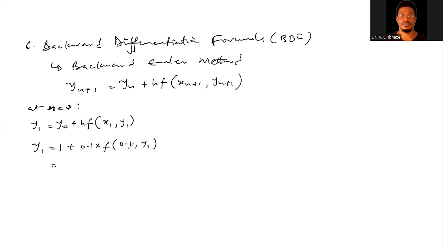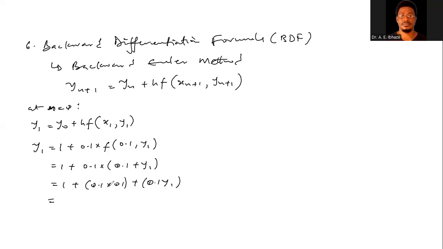If we apply this to the derivative function, it is 0.1 times (0.1 plus y1). Okay, so this is going to give us 1 plus 0.1 times this, so that will be 0.1 times 0.1 plus 0.1 y1, right?